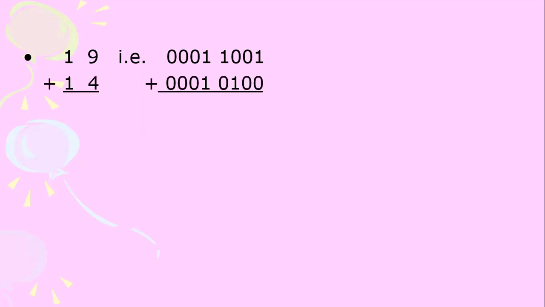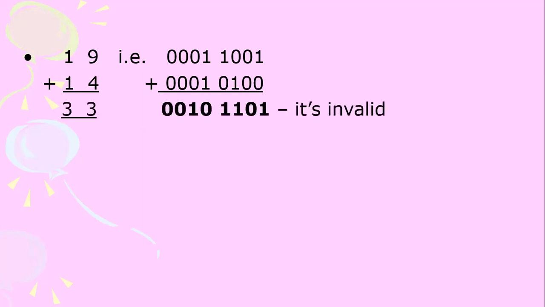Then we add to 14. We get 1. The binary equivalence of 1 is 0, 0, 0, 1 in BCD. The binary equivalence of 4 is 0, 1, 0, 0. So we organize them as I have done. Then you add each pair of binary. So what do we get? 1 plus 0 is 1. 0 plus 0 is 0.